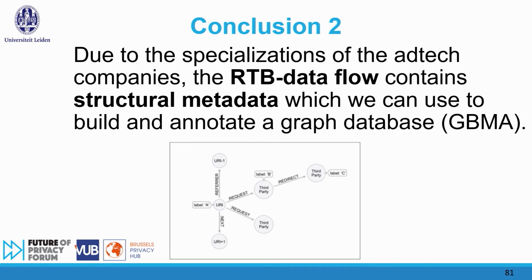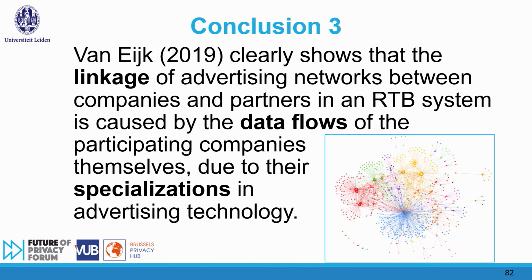The second thing is that the data flow, so the communication that happens between the browser and the third parties, can be measured and can be visualized because it contains structural metadata. And then you can create pictures, you can create graphs. It shows that the data flows are connected in a very specific way, and this has to do with the specializations of these third parties within a partner network, within that small ecosystem.